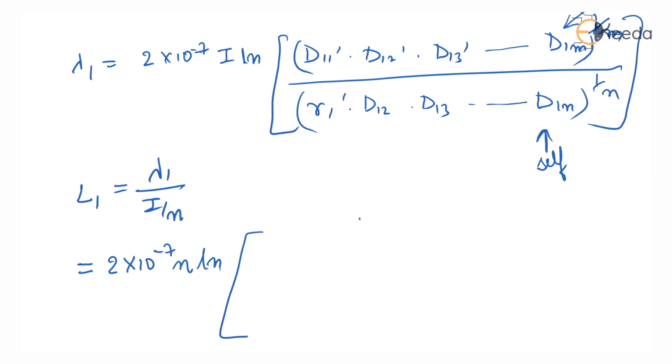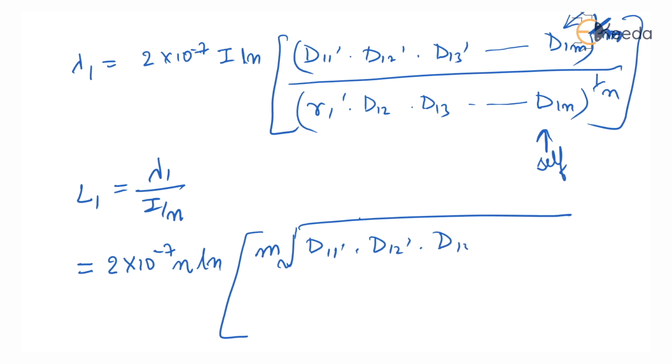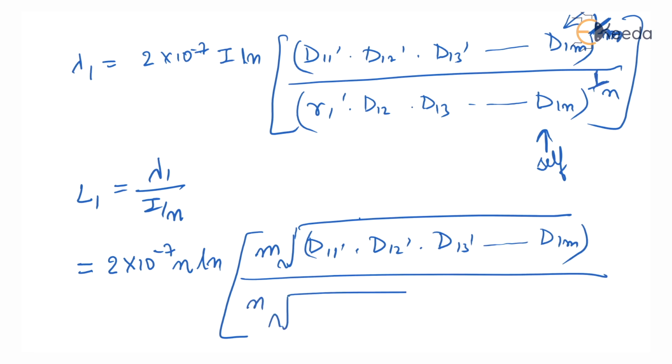See, I can write this 1 by m as m root of d11' · d12' · d13' up to d1m'. Similarly, I can write this 1 by n as n root of r1' · d12 · d13 up to d1n.